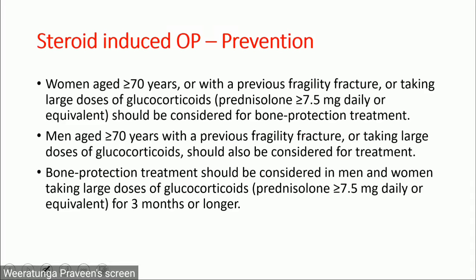Even if they don't have osteoporosis, we need to give them bone protection. So 7.5 milligrams for more than 3 months. Some SLE patients don't have osteoporosis, but we are giving them steroids more than that threshold dose of 7.5 milligrams for more than 3 months. So you need to give them prophylactic bisphosphonates. That is something you need to remember.